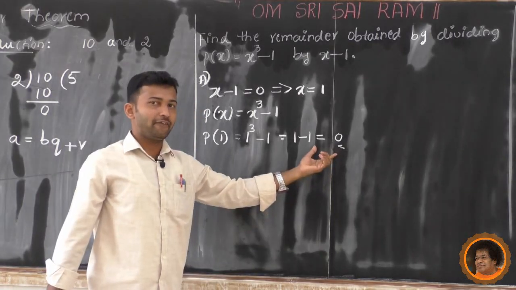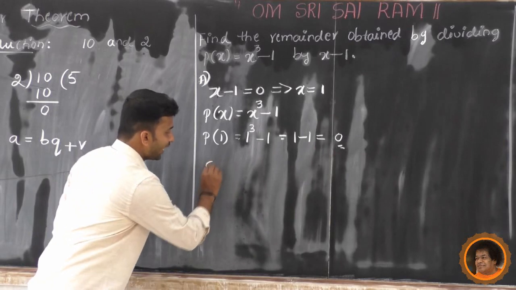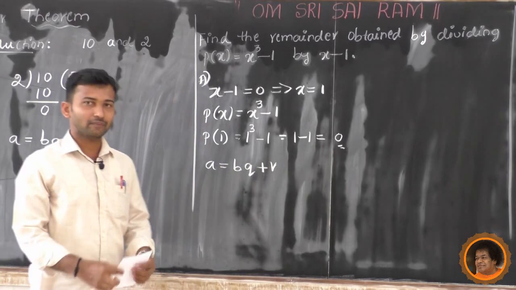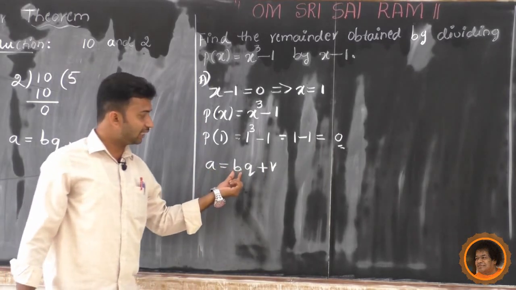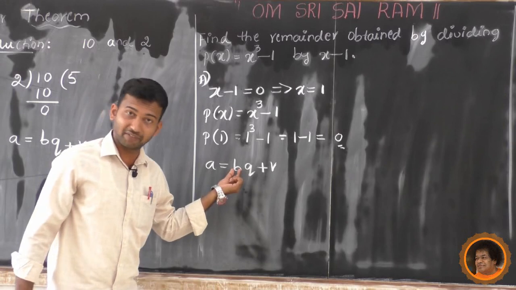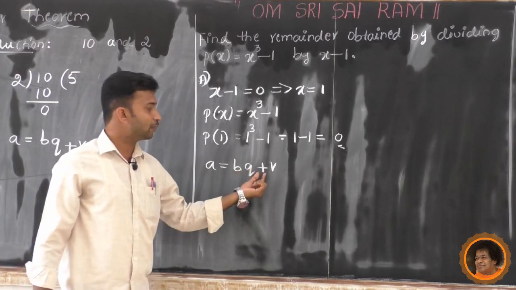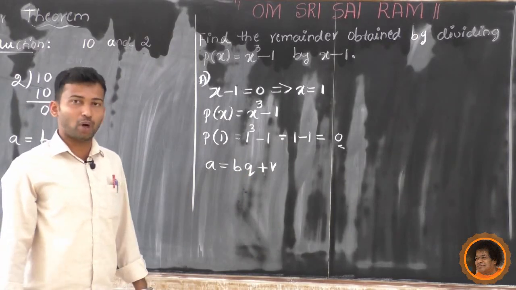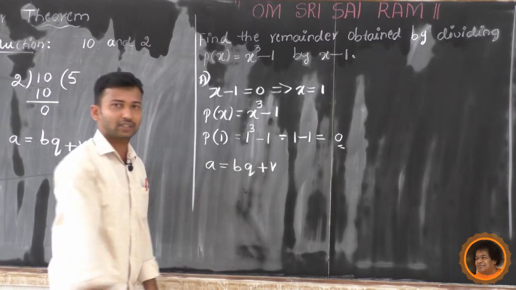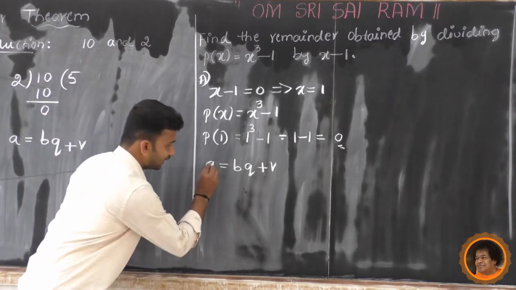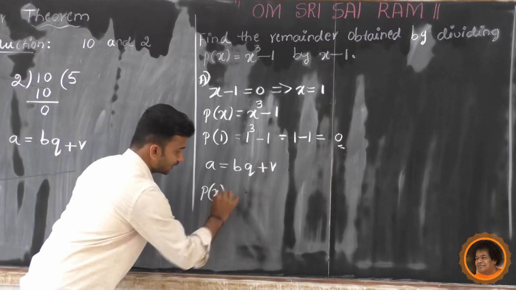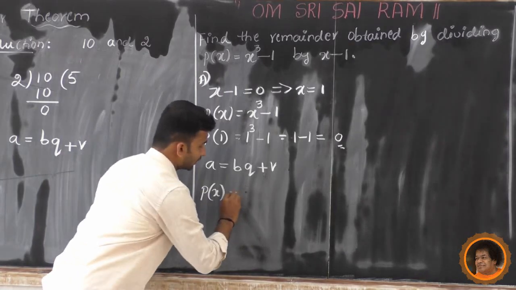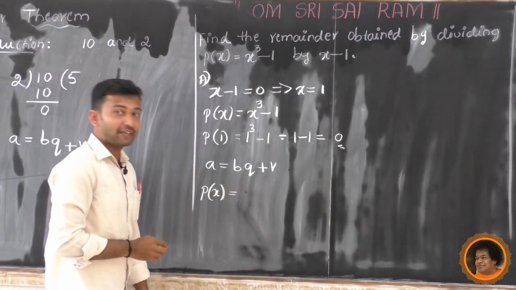In general, we can write A is equal to BQ plus R. A is dividend, B is divisor, and Q is quotient, plus remainder is R. According to polynomial, this expression can also be written: A, that is dividend, is p of x, because polynomial is equal to divisor.